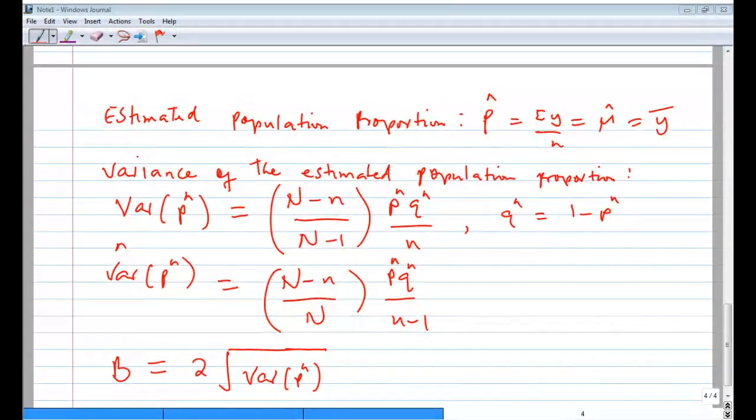Here we just want to calculate the bound on the error of estimation for the population proportion. So use this one, which is equal to 2 times the square root of var of P hat, the same as that formula up there, N minus n divided by N minus 1, multiplied by pq divided by n. So this is the bound on the error of estimation for the population proportion.